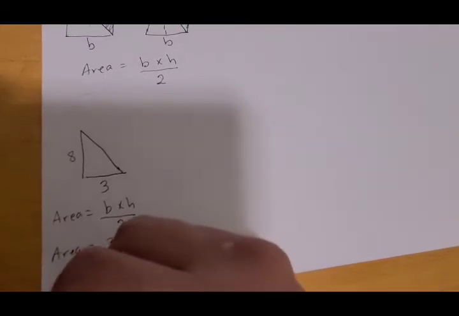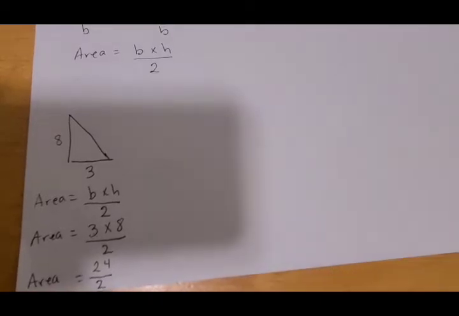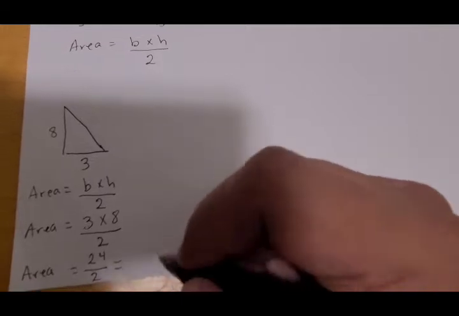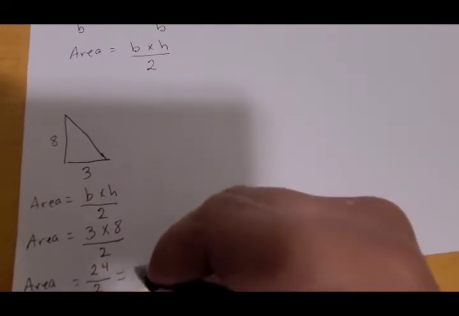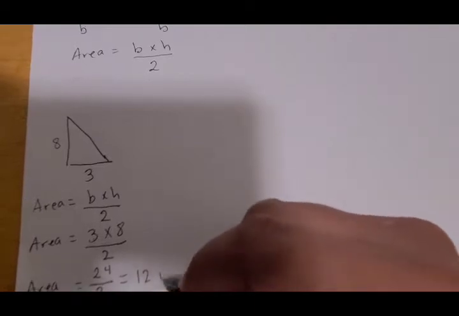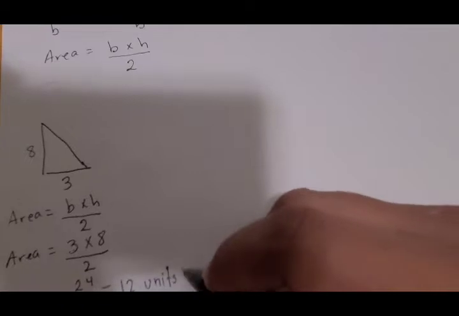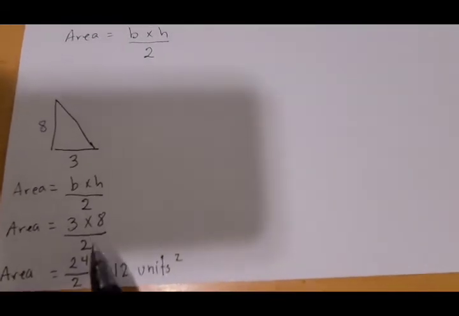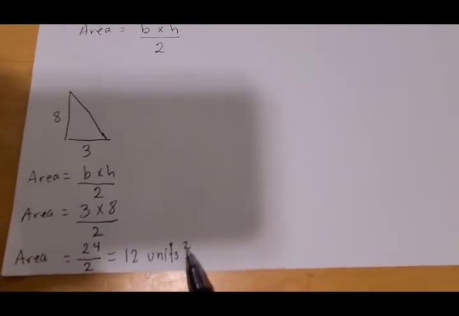So our area right now is 24 divided by 2. Once we divide 24 by 2, we find out that the area of this triangle is 12 units squared. Remember, yesterday we learned that whenever we're working with area, our units are going to be square.